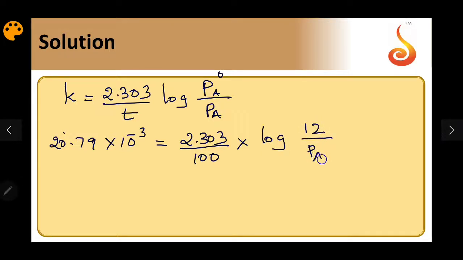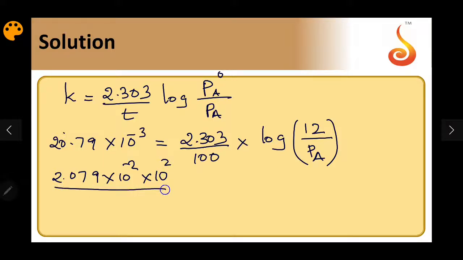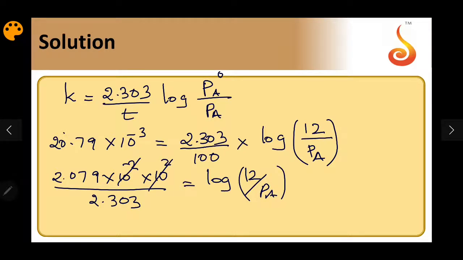I'll find out what is PA. Cross multiplying, I can write 2.079 into 10 power minus 2 into 100 divided by 2.303 is equal to log of 12 by PA. So 2.079 by 2.303 comes to 0.902.